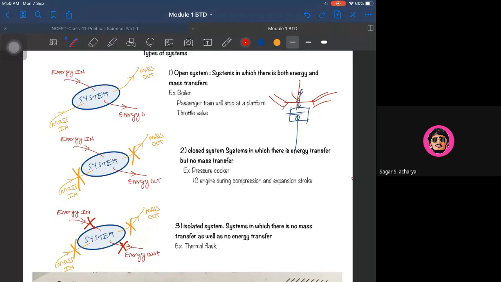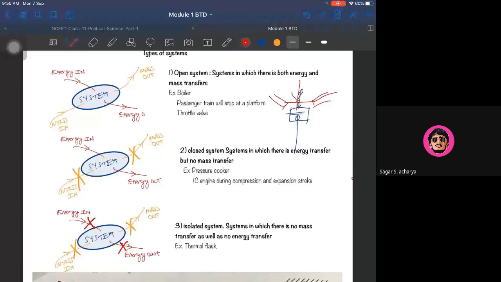So definitely there is no mass interaction, and there is only the energy transfer into the system, especially in power and compression strokes. So during the power and compression strokes, the IC engine can be treated as a closed system.